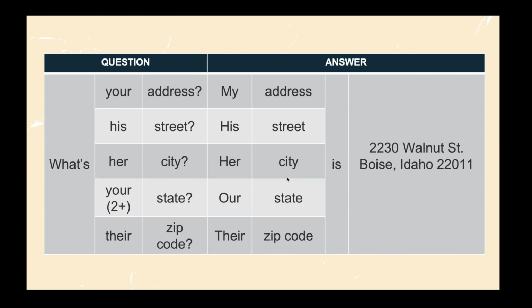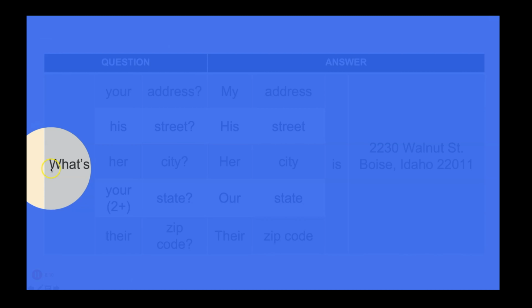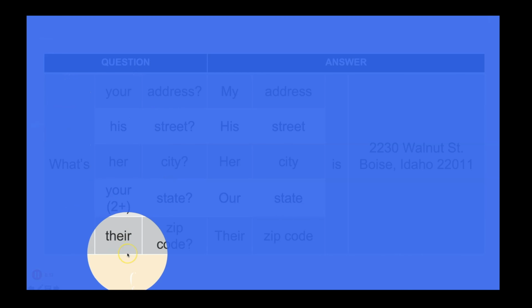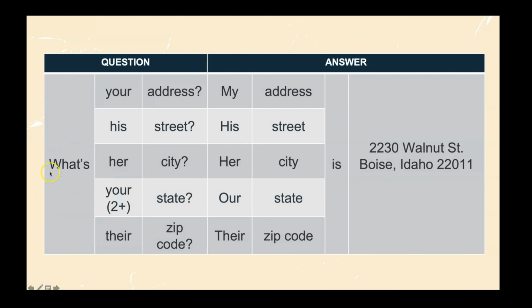Okay, so we've got our questions and answers here. We have 1, 2, 3, 4, and 5 questions, and they all begin with what's. And we know that what's, with this apostrophe, is short for what is.